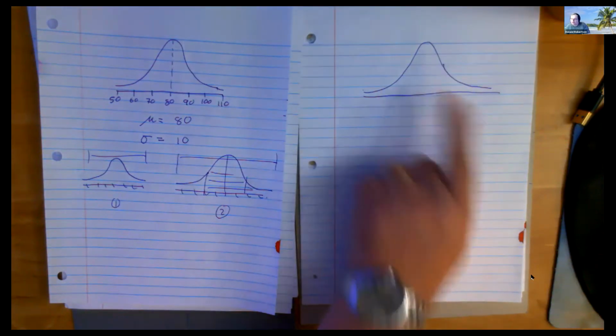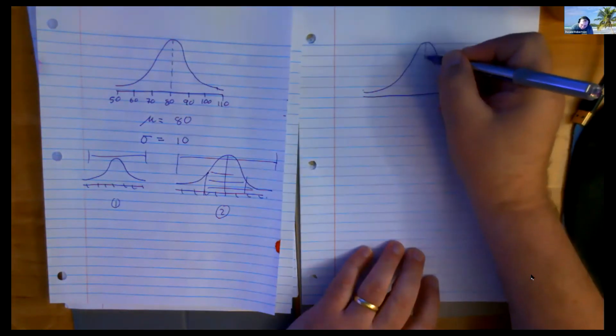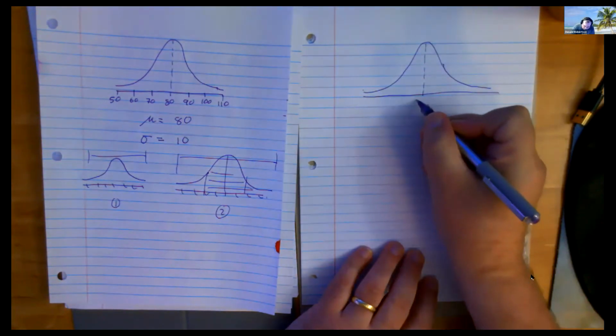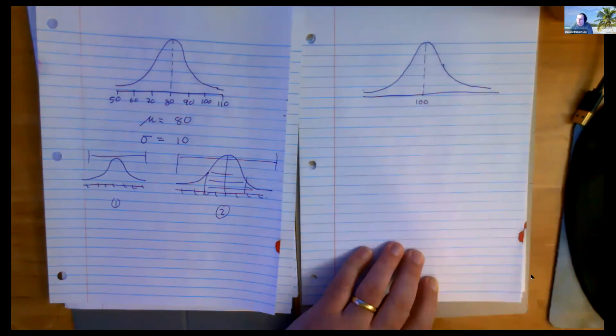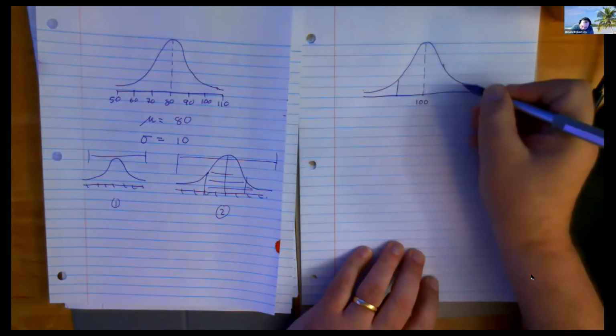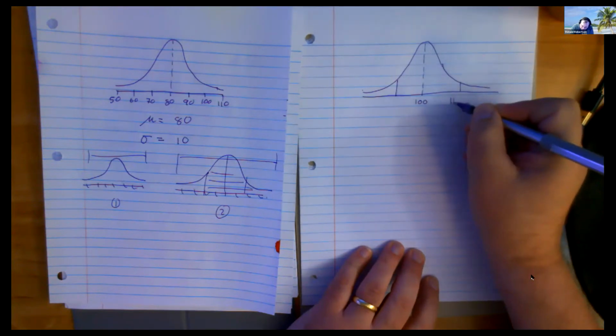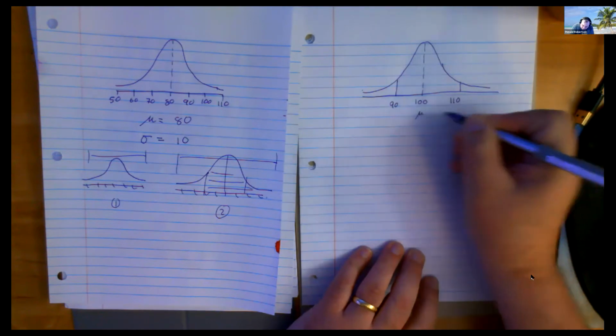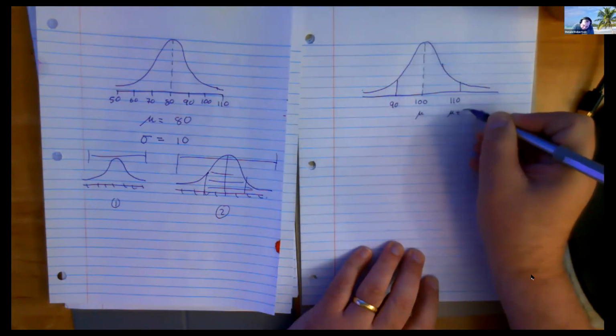Here is a normal distribution, right down the center. We'll call this guy 100, so it might be IQs. If you go 1 standard deviation either side, let's say that's 110 and that's 90. This is called mu. This is mu plus 1 standard deviation.